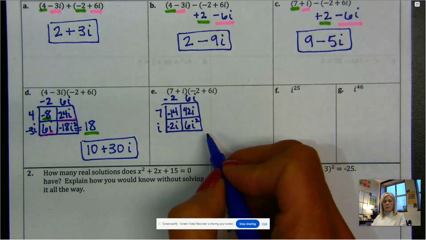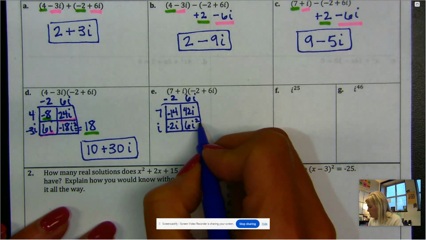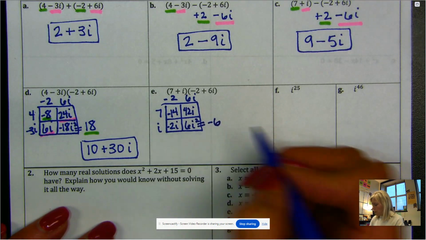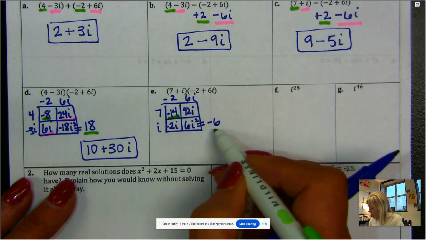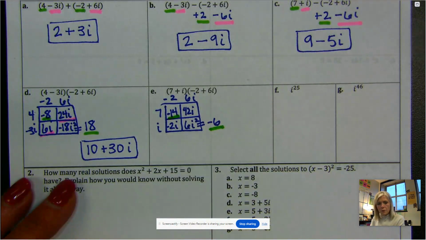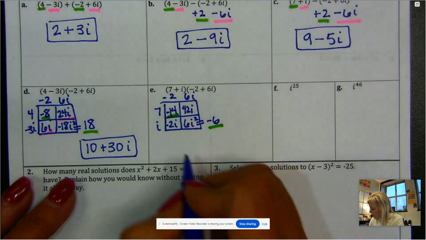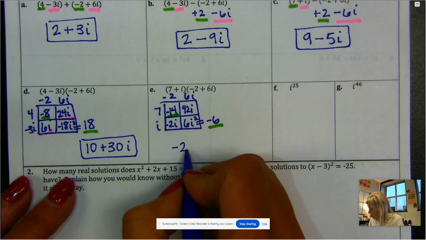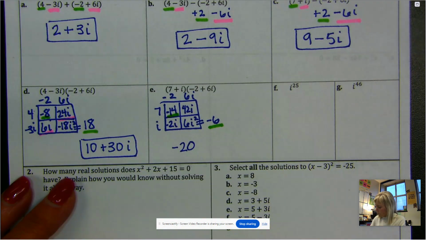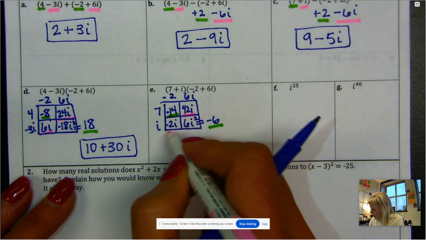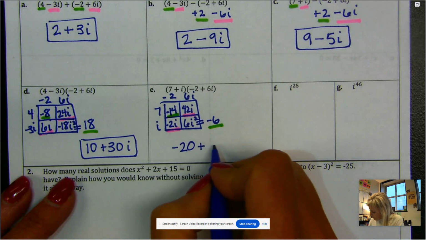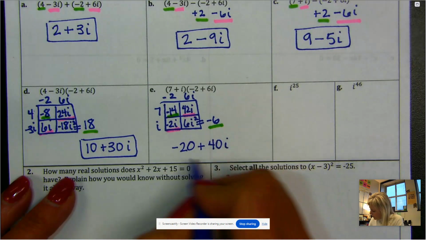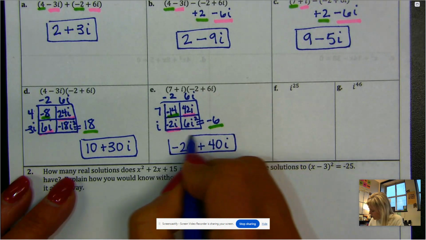And again, because i squared is equal to negative 1, 6 times negative 1 is negative 6. So the real numbers to add together, negative 14 and negative 6, they make negative 20 altogether. And 42i plus negative 2i is 40i. Negative 20 plus 40i.